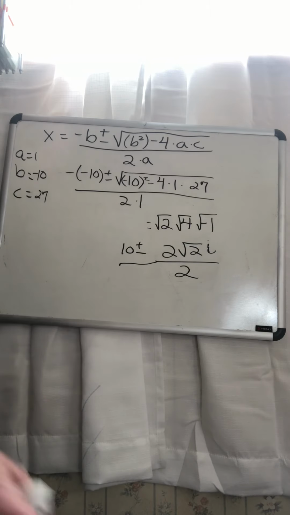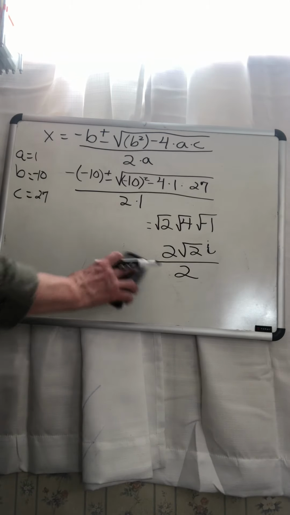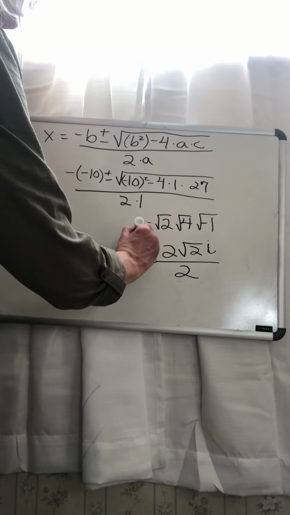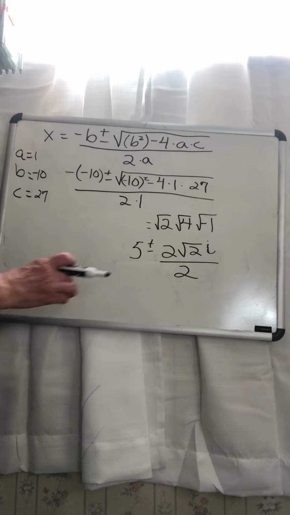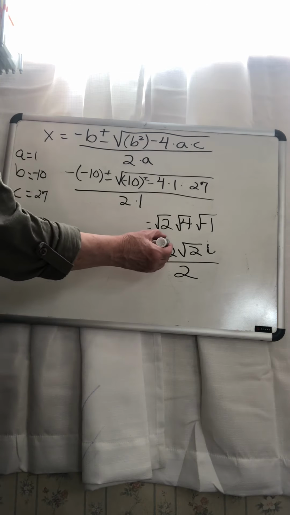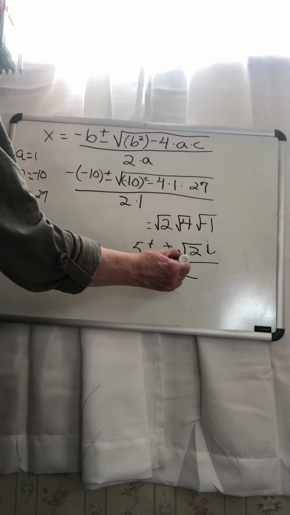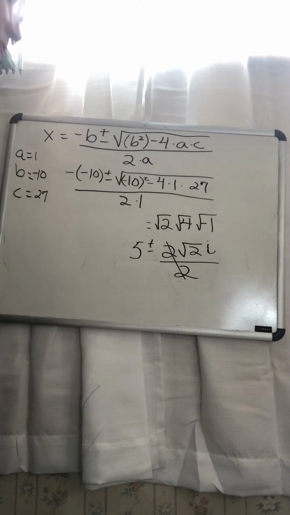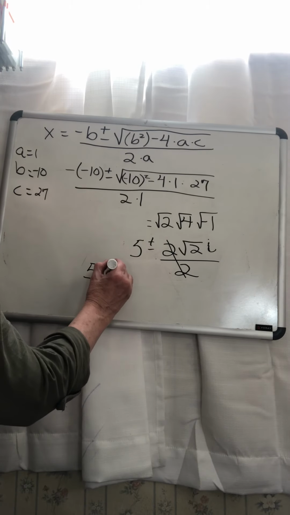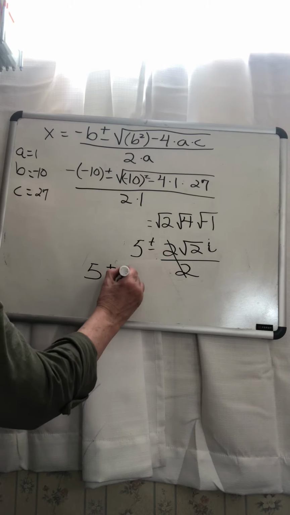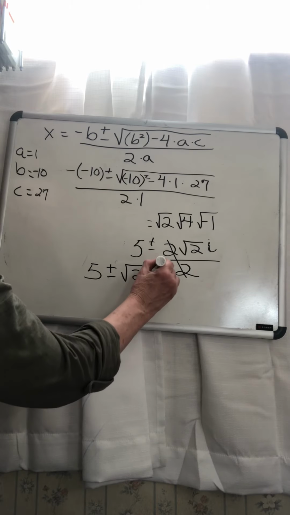So we could simplify that by making it a 5. So now it's just a 5, plus or minus the square root of 2 over 2. And so this 2 could also be simplified. And so now we have 5 plus or minus the square root of 2 times I.